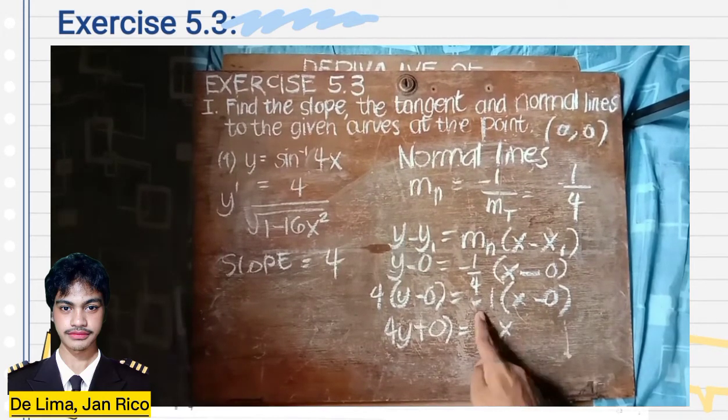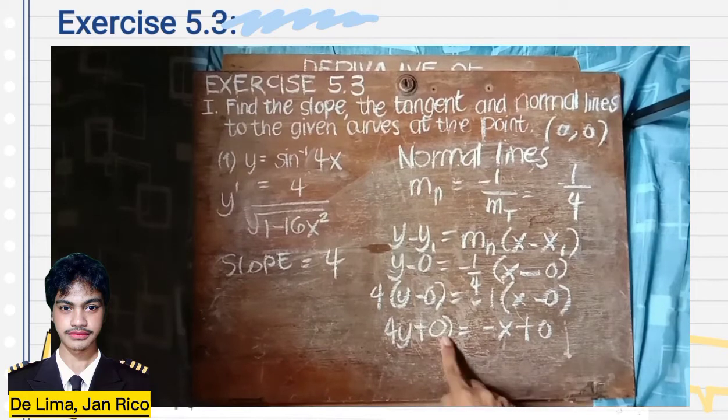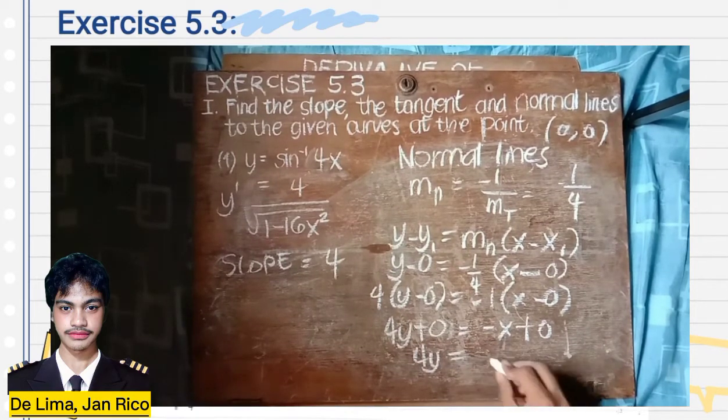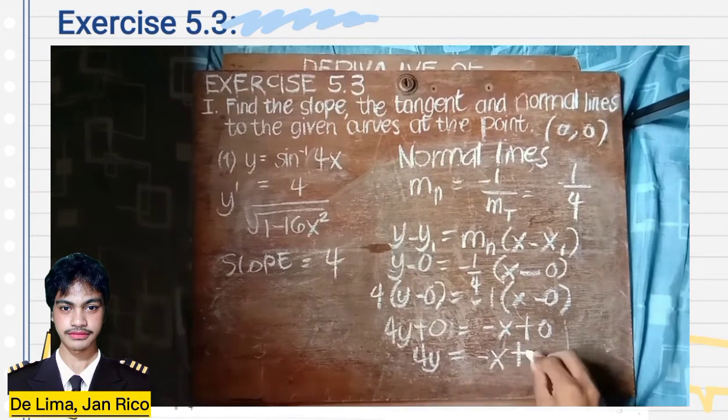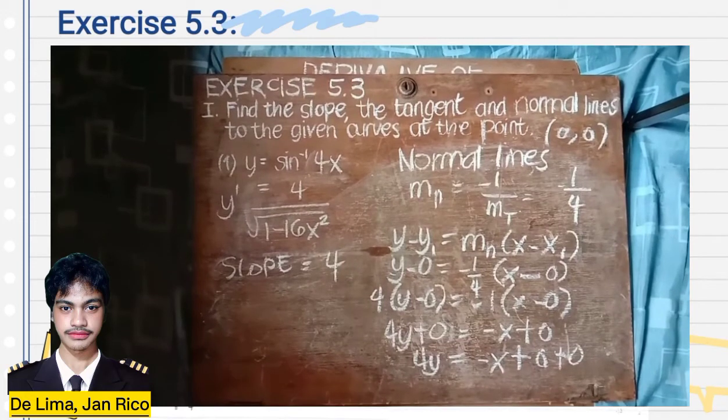And negative 1 times 0 is equals to 0. And next we will move this 0 over here, which would be equal to 4y is equals to negative x plus 0 and plus 0. And the equal of this is 4y is equals to negative x.